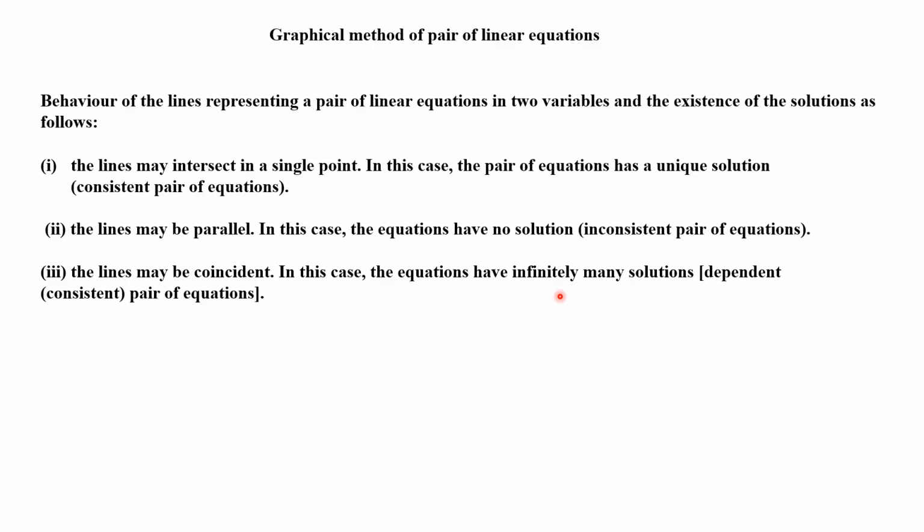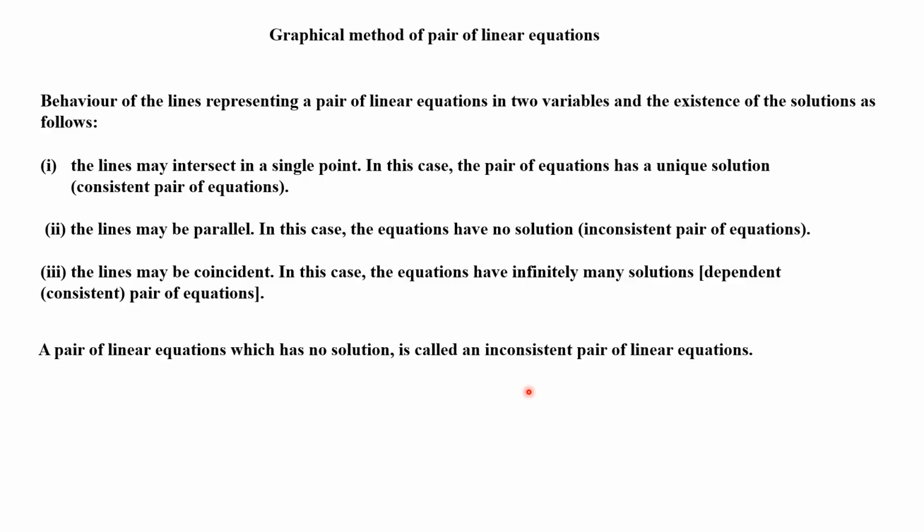In that case, you will get infinitely many solutions and it is also known as a dependent pair of equations or consistent pair of equations. Okay. So when you will get any solution, whether a unique solution or infinitely many solutions, we call it a consistent pair of equations. When you will not have any solution, we call it an inconsistent pair of equations.